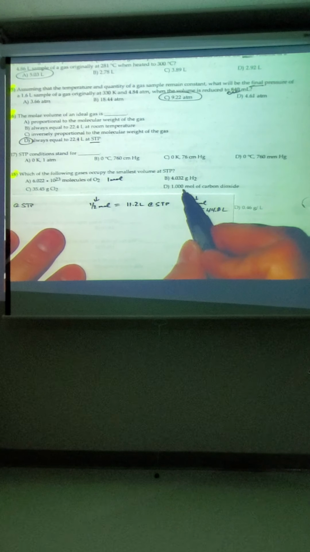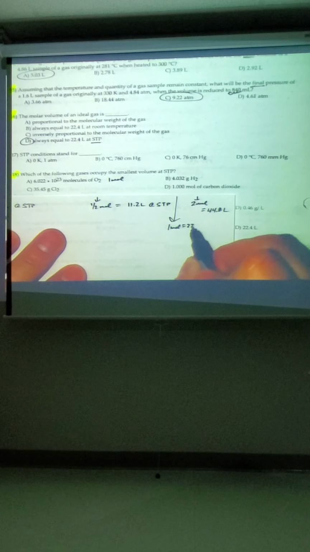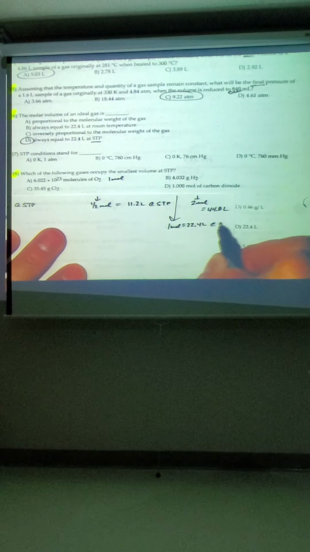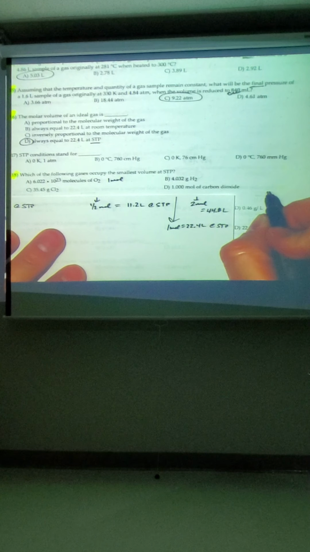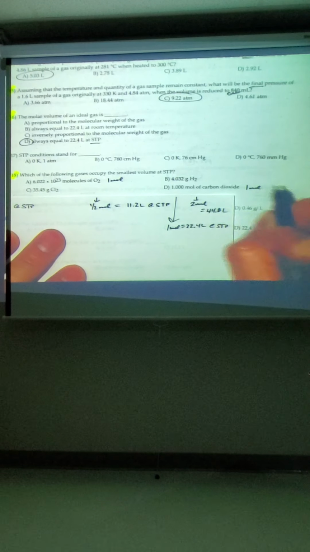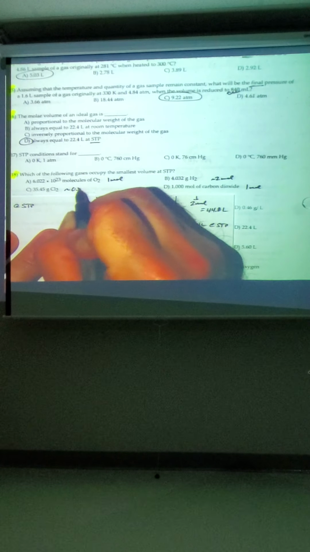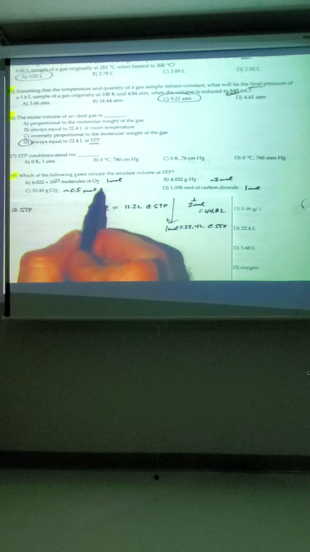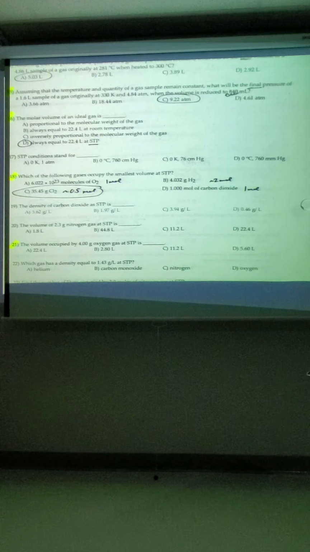And then down here, this is 1 mole. If it is 1 mole, 1 mole is always 22.4 liters, the magic number for this chapter at STP. So this is tied with A. So this is 1 mole. This was about 2 moles, and this was about half a mole, and that's why this one is the winner. It's got the least amount of moles, so it's going to have the least amount of volume at STP.